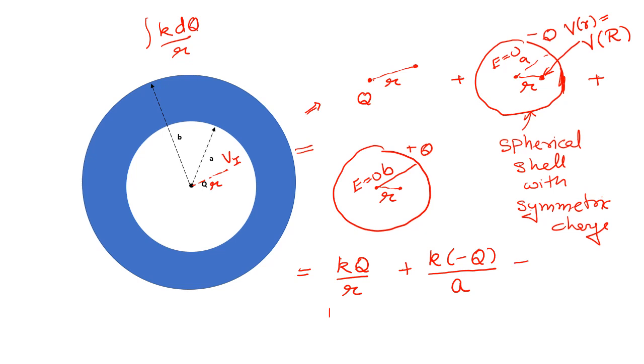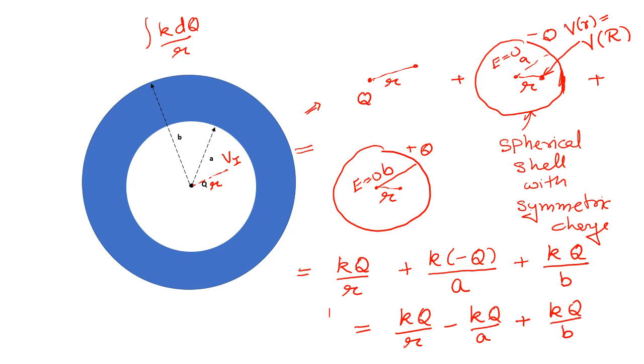Similarly, the potential due to the second surface would be k times plus q by capital R equal to B. So I could have written this potential by looking at the summation of these shells.